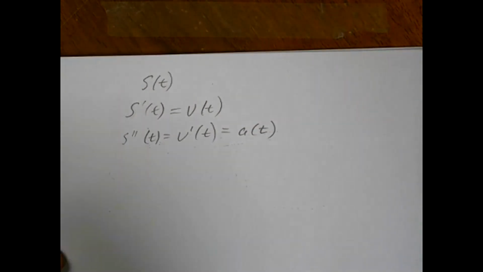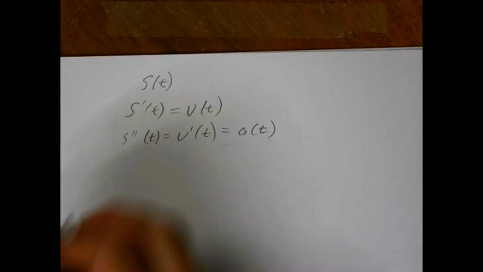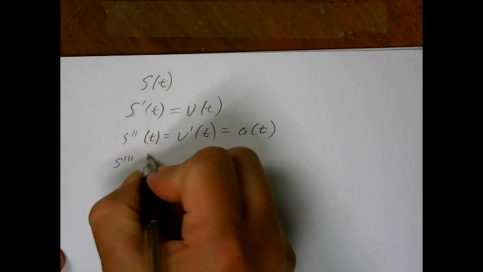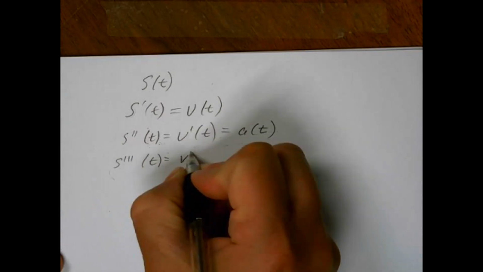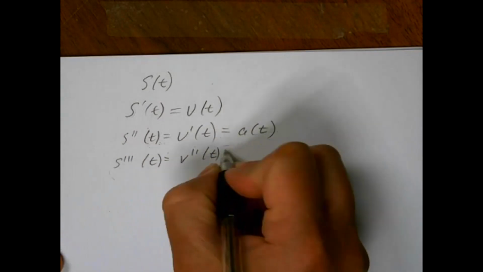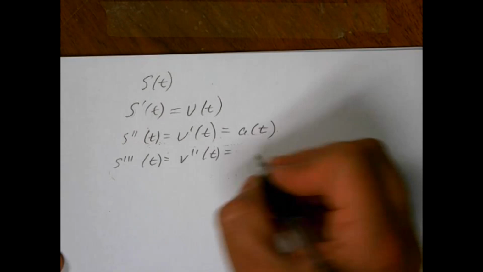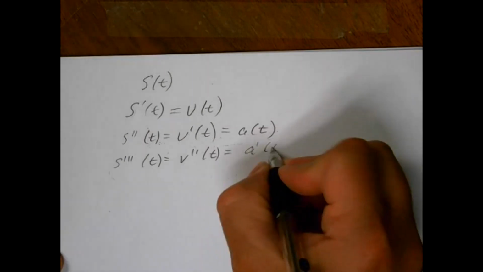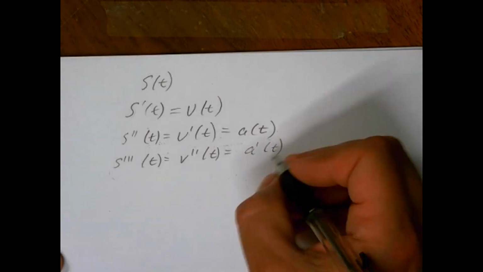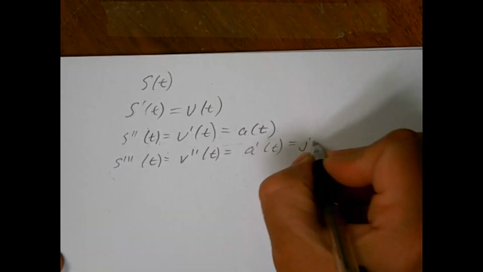So there is an application of your first derivative and your second derivative. If you were to take the third derivative of position, which would be the second derivative of velocity, which would be the first derivative of acceleration, that's called jerk.